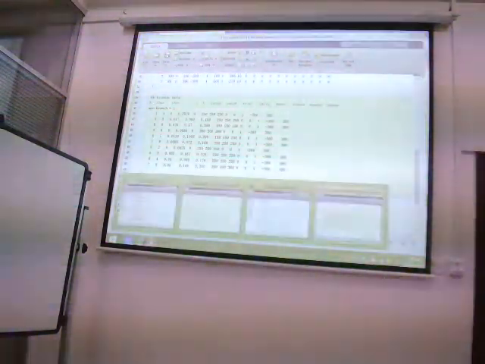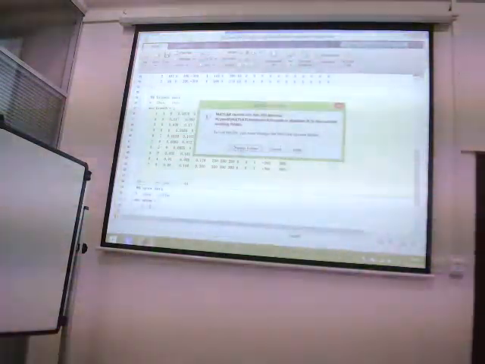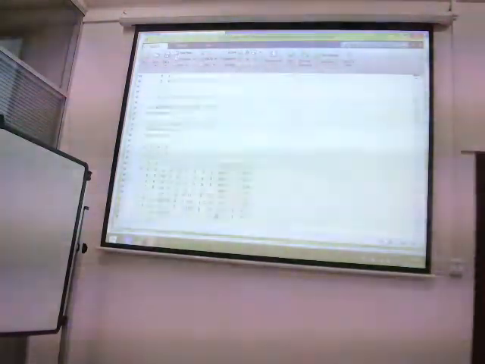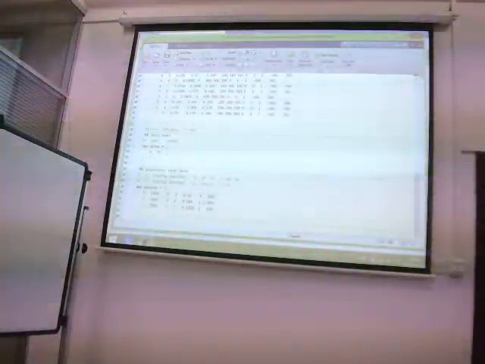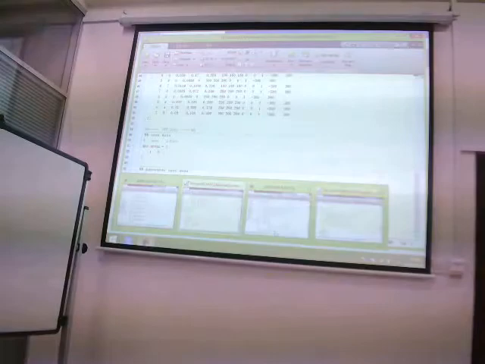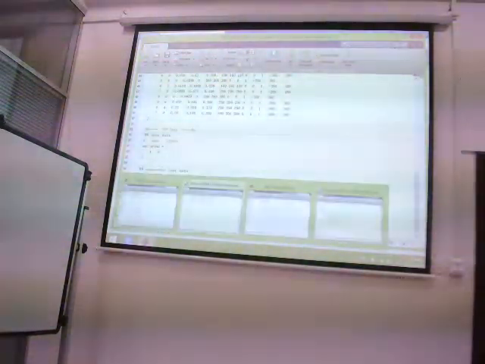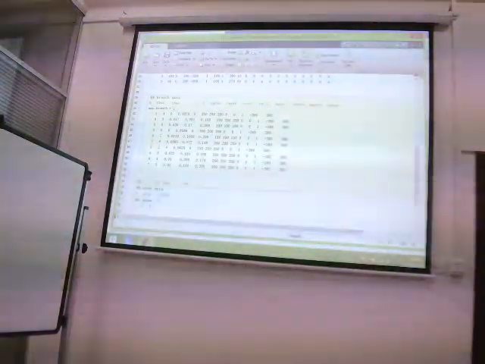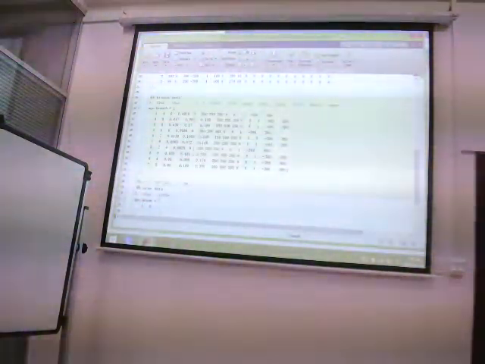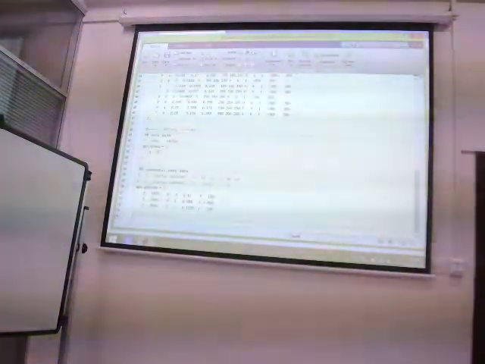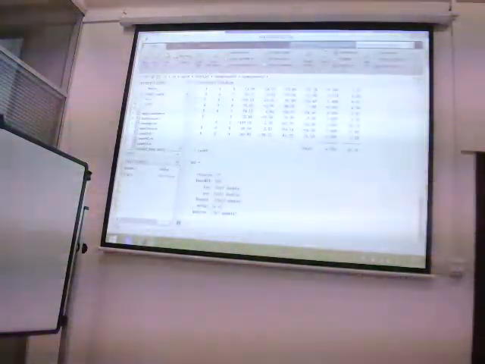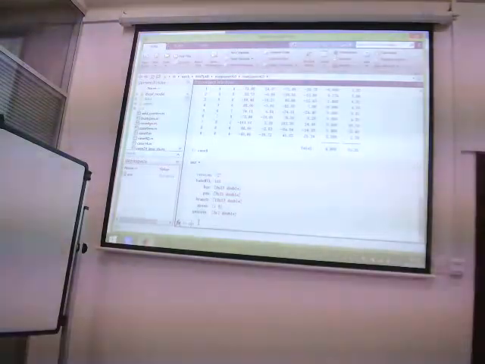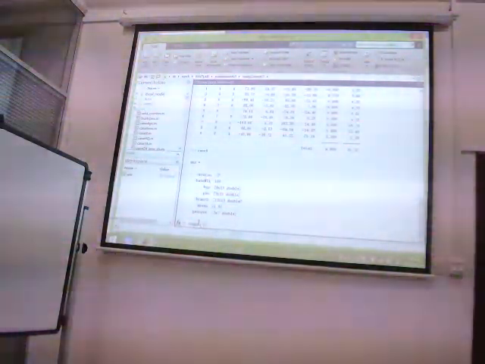Now we run this data again. Change the folder. Then we run the power flow again.